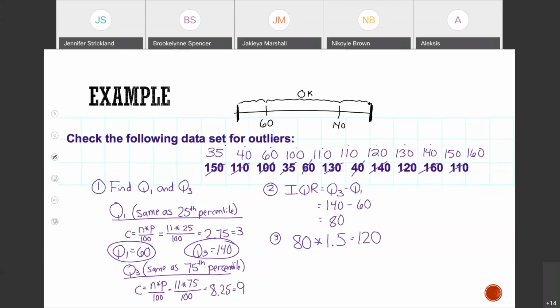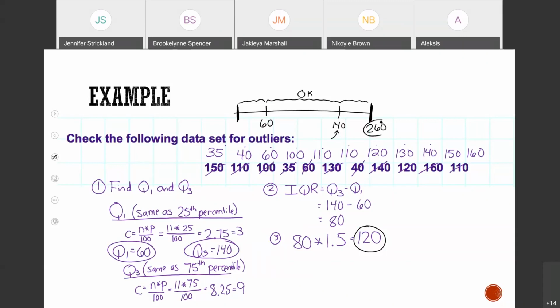The amount that I want to extend it on either side is what we calculated, that 120, on step 3. So if I'm sitting at 140 and I go 120 more down the number line, where am I going to be stopping? 260.